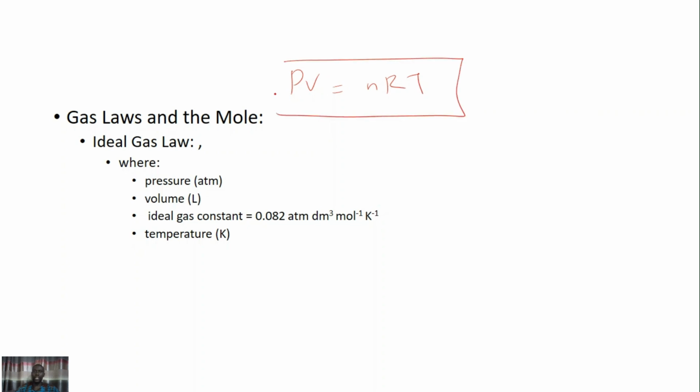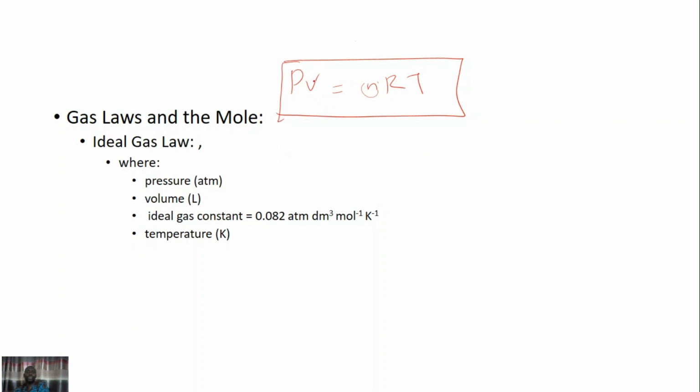This formula is the ideal gas equation, okay? And according to the ideal gas equation that I explained earlier, at standard temperature and pressure, 1 mole of a gas occupies 22.4 liters, right?